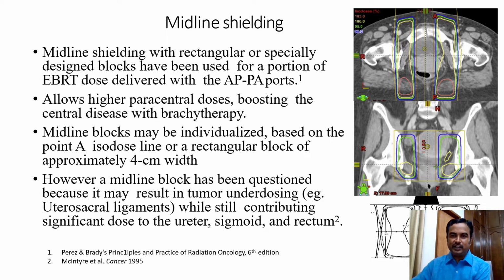The intention here is to increase the dose to the parametrium. This midline shielding technique was used mainly for cases in which we were not able to do the brachytherapy, or the template brachytherapy. But again, it is a controversial area. Some people say that it may not be the appropriate method as it shields the primary area.